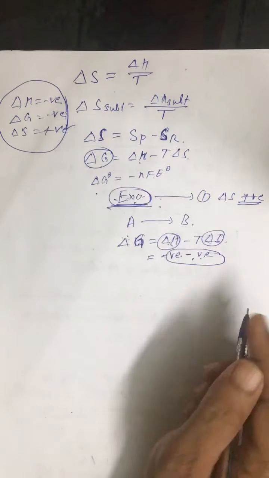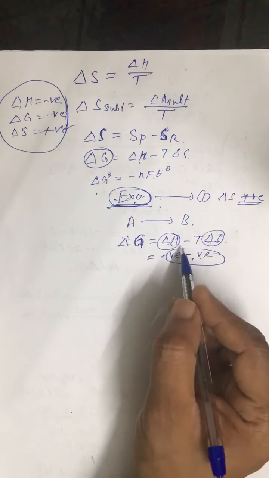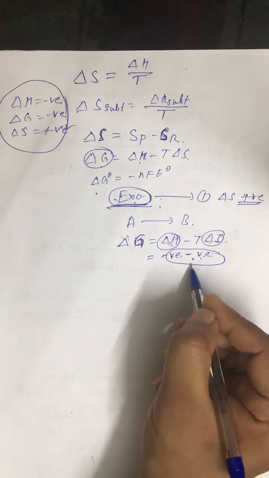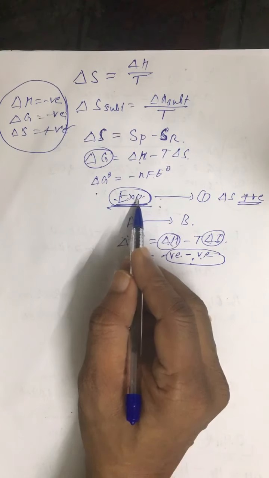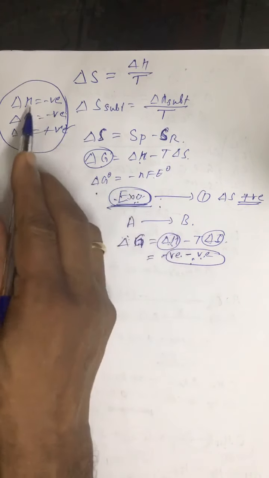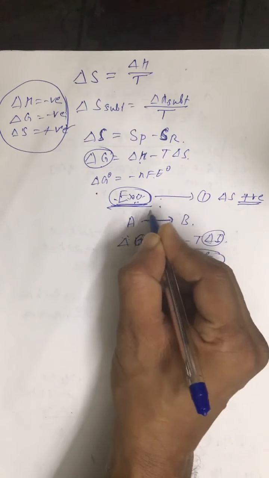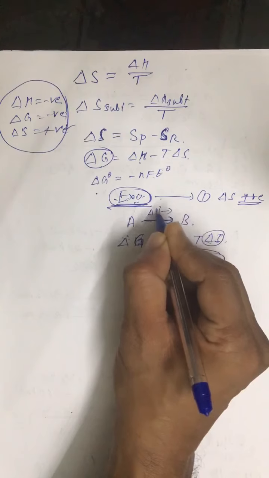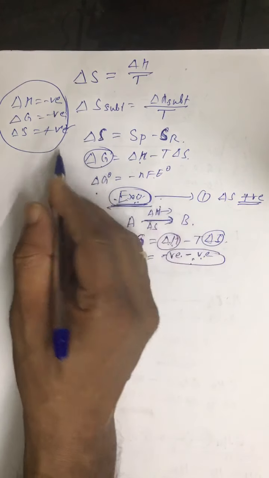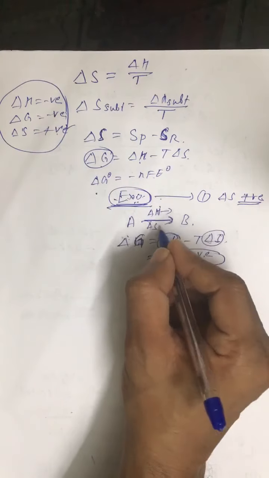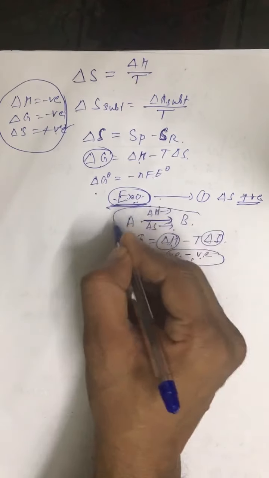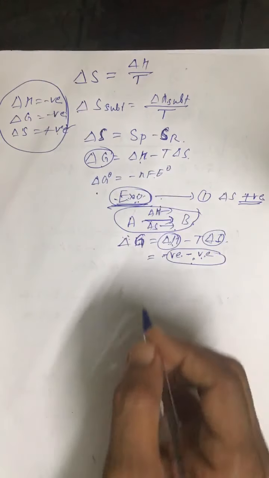So such processes are never non-spontaneous, such processes are always spontaneous. What is the condition? Exothermic process, that means ΔH is favoring the forward process, and ΔS is positive, it is also favoring the forward process. Such a process is always spontaneous.